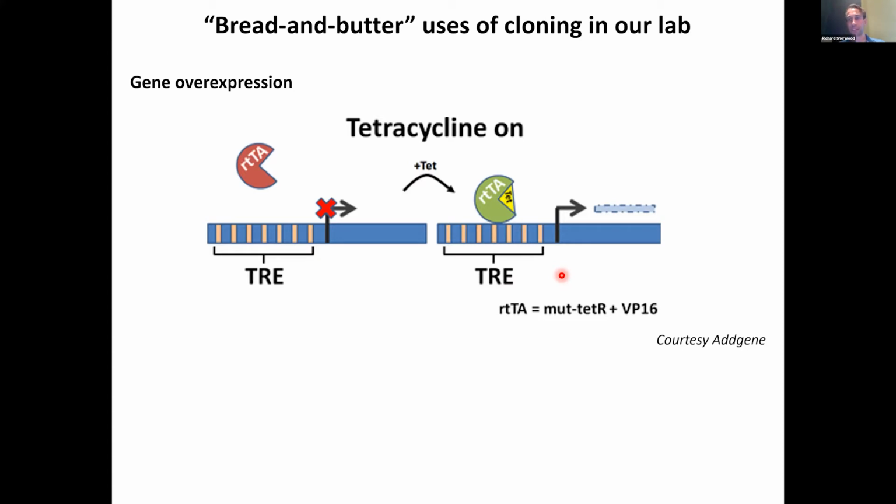So usually that cassette is a constitutive promoter driving expression of the resistance gene, and in the presence of the drug, any cell that has the entire cassette, which includes this inducible or constitutive transgene, will stay alive.